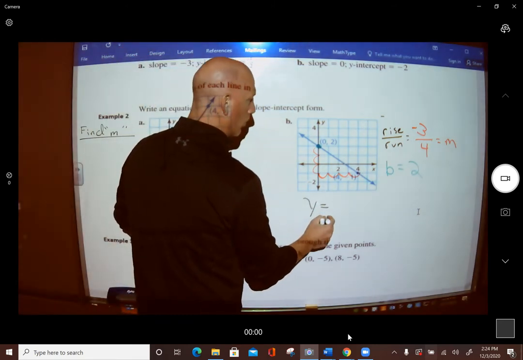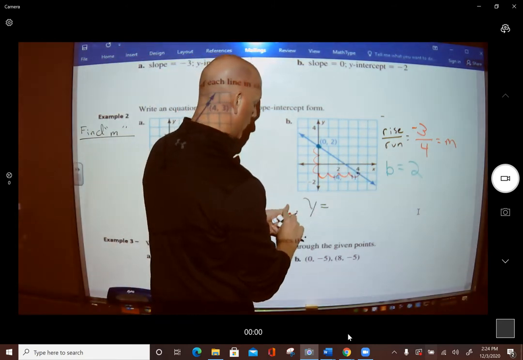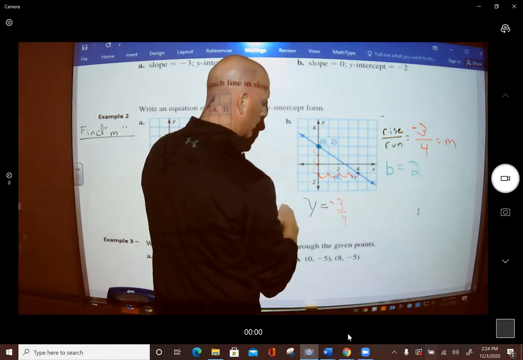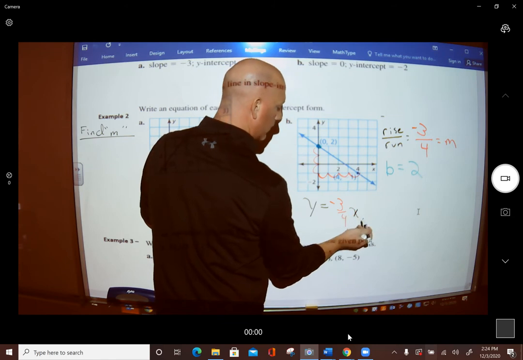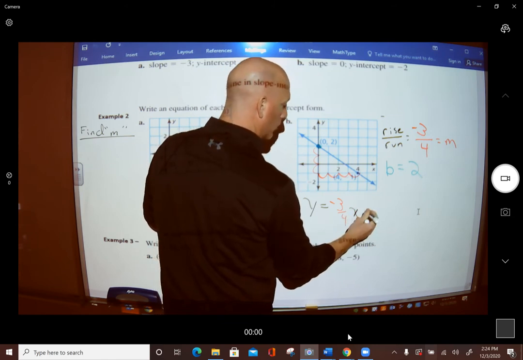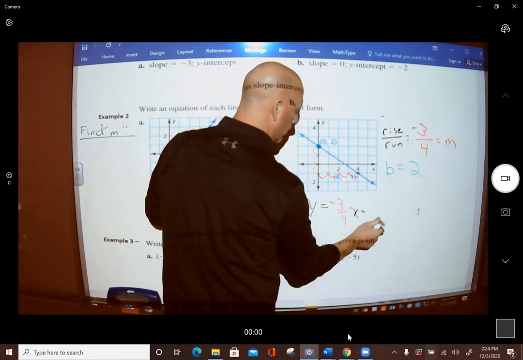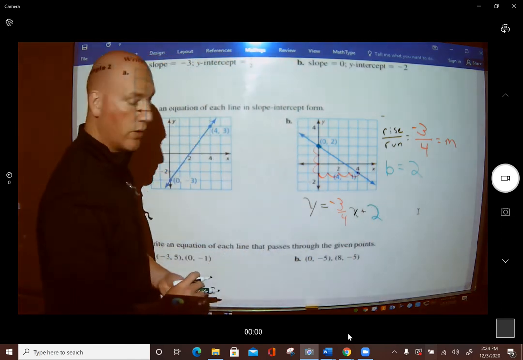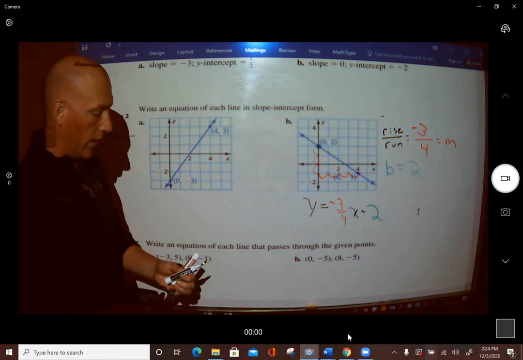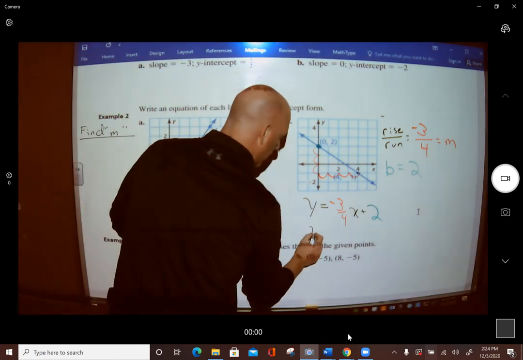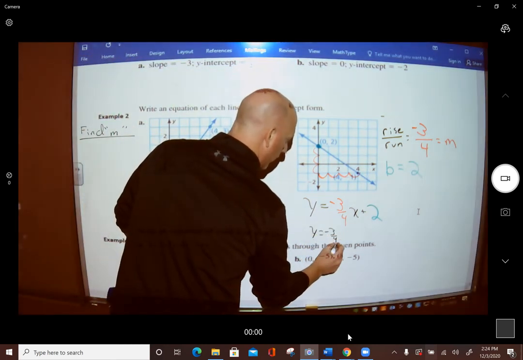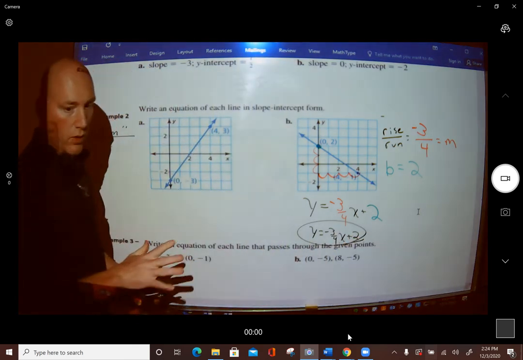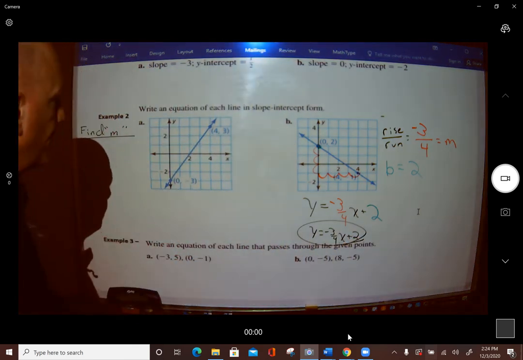Y equals my m, -3/4 times x plus b, so +2. And I just color coded that so that way you can see what comes from where. Your final answer, obviously, y equals -3/4 x plus 2. It doesn't have to be color coded. I just wanted to make sure you knew where that was coming from.